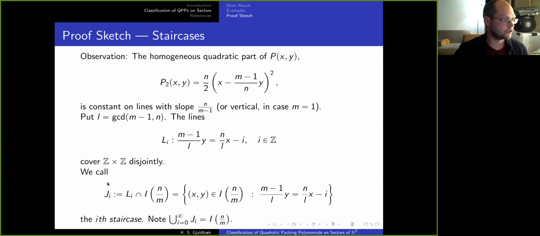And if we restrict the set of lattice points to the sector we're interested in, we get a finite number of points for each i that we call the ith staircase. And together, these all make up the lattice points in the sectors.